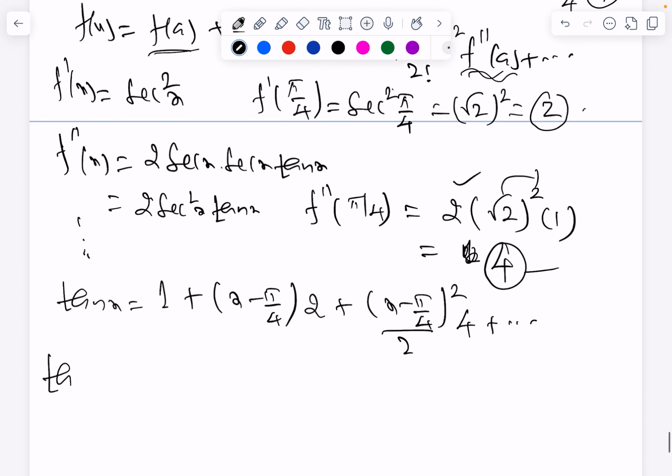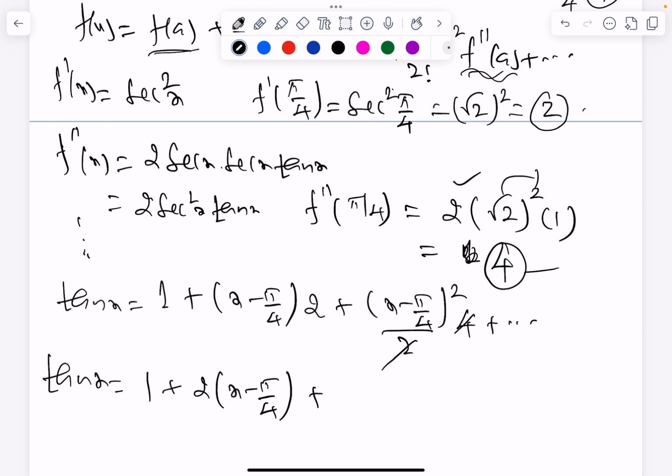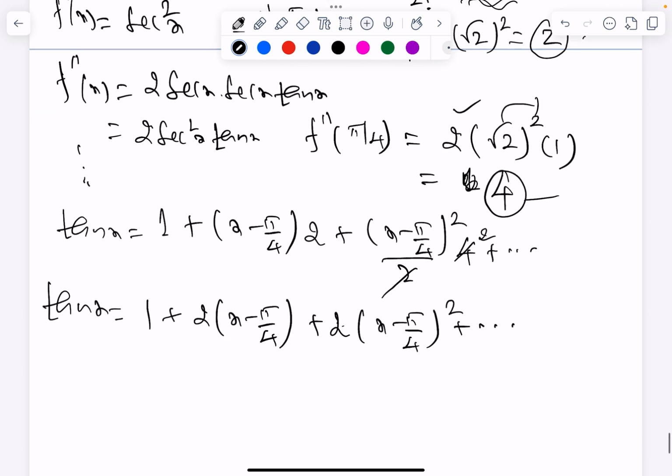So we have tan x equal to 1 plus 2 times (x minus pi by 4) plus 4 by 2, so this is 2 times (x minus pi by 4) square, and so on.